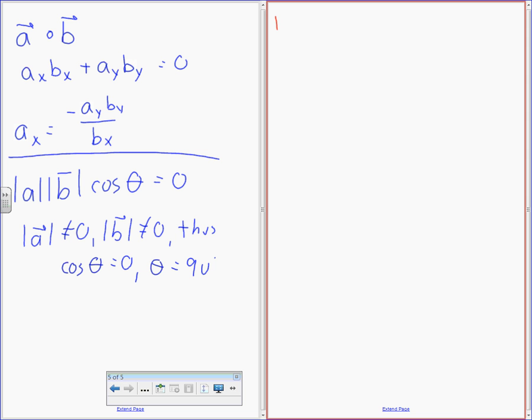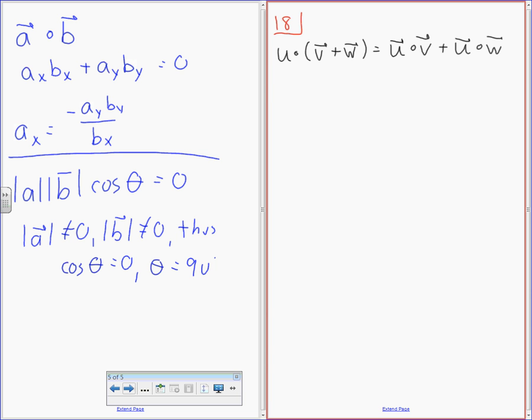I'm trying to prove U dot (V plus W) equals U dot V plus U dot W. Okay, so I think this is going to be a left side, right side proof.